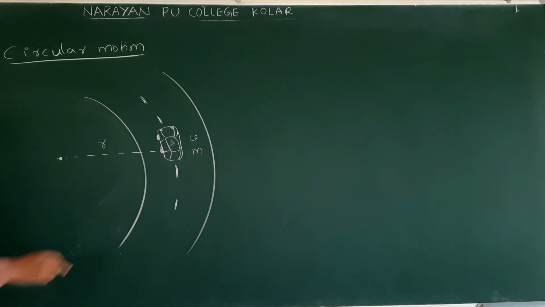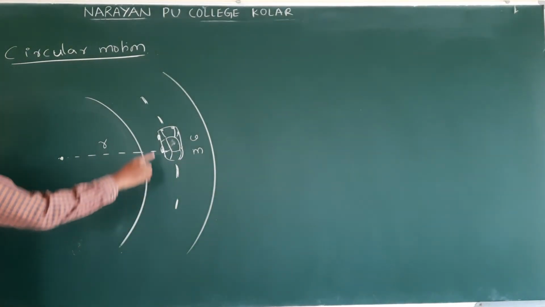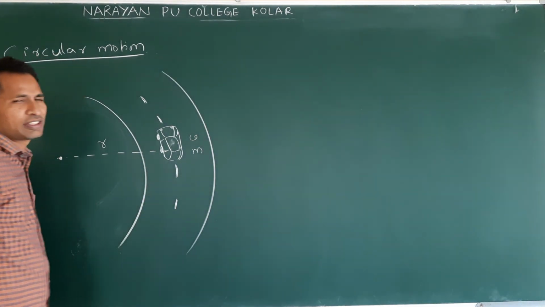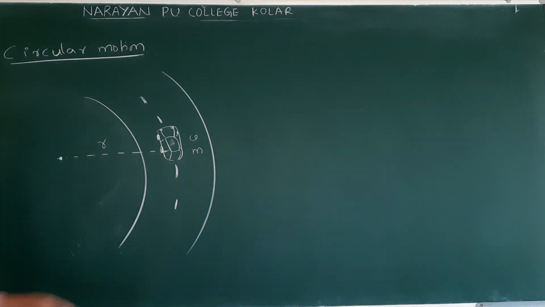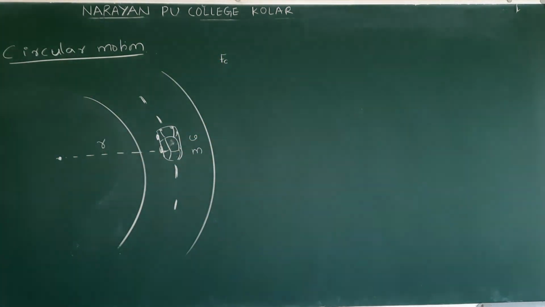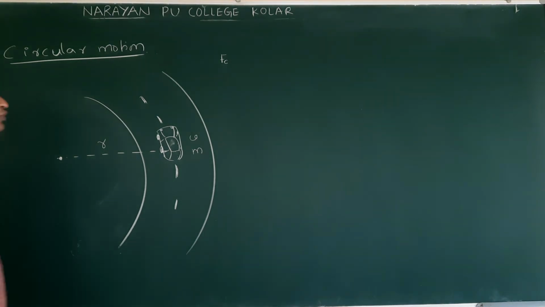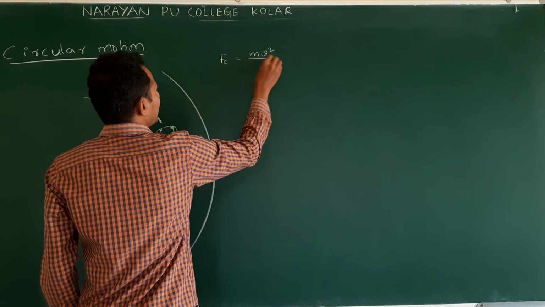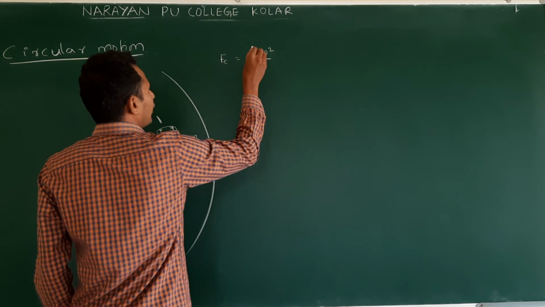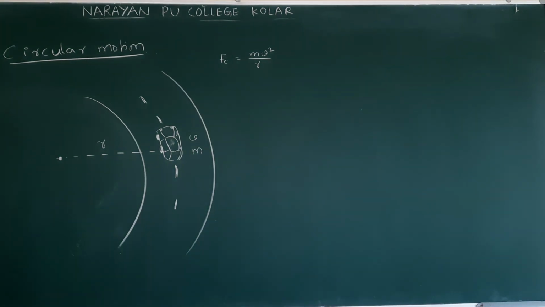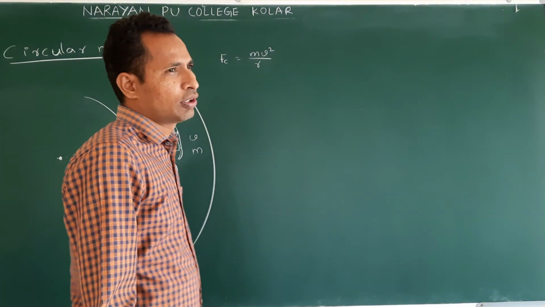Okay, when a body moves in a circular path, it experiences centripetal force. Am I correct? It experiences which force? Centripetal force, so take it as F c. What is the formula for centripetal force? Already we have seen, that is m v square by r. We have seen the centripetal acceleration equation actually, a is equal to v square by r.